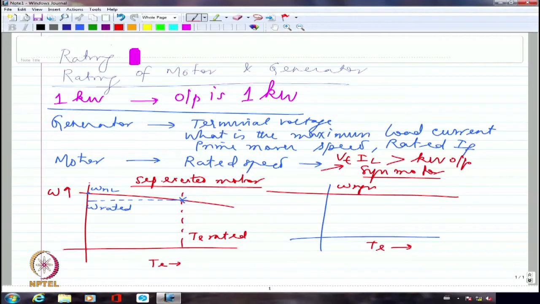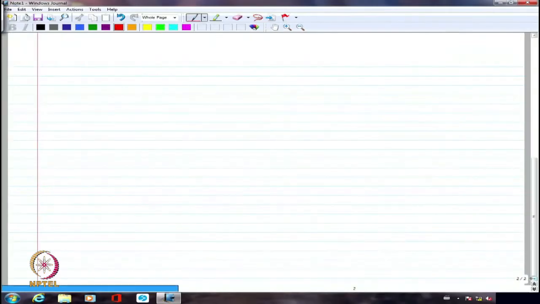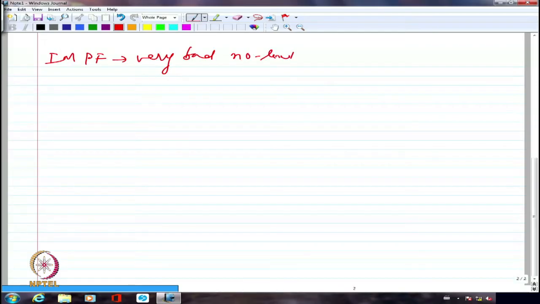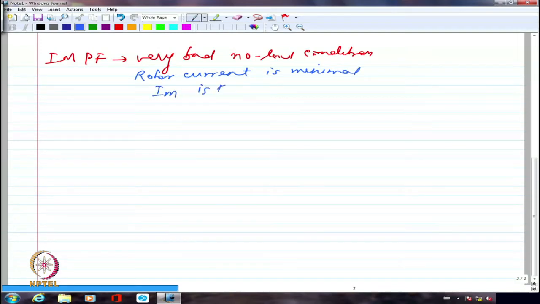Because induction motor, we also said, when it is actually starting off on no load, the major current drawn is only magnetizing current. So normally induction motor power factor is going to be very bad during no load condition, because the rotor current is very minimal, whereas the magnetizing current is the major portion of the no load current.